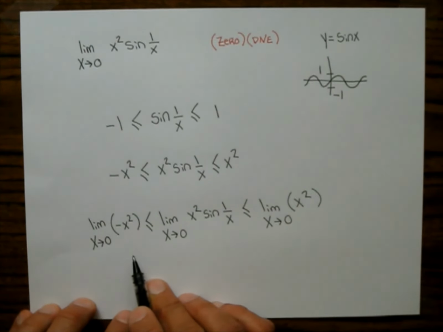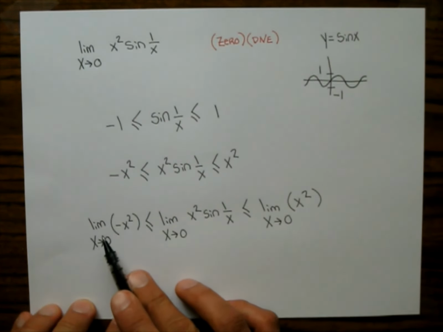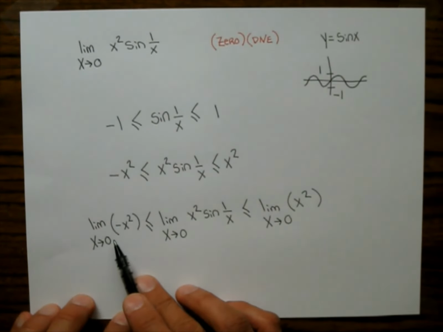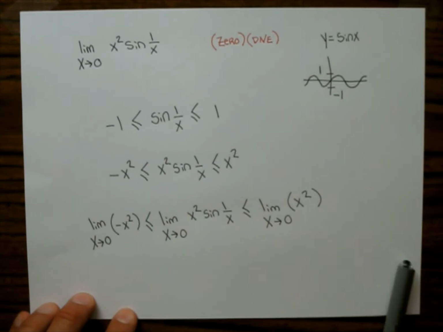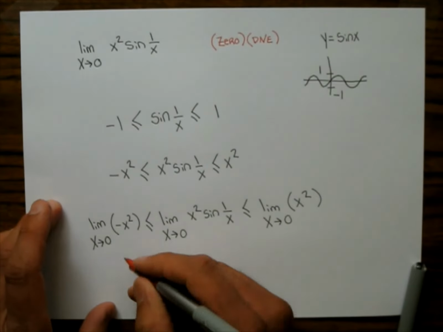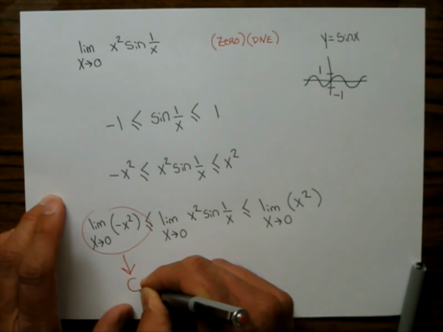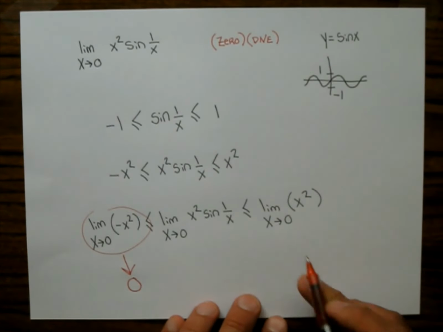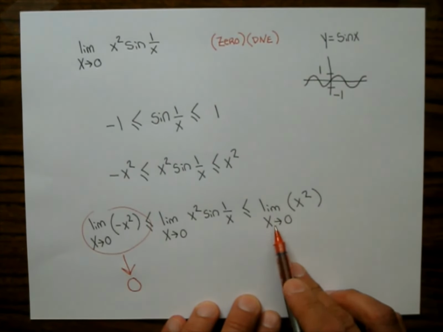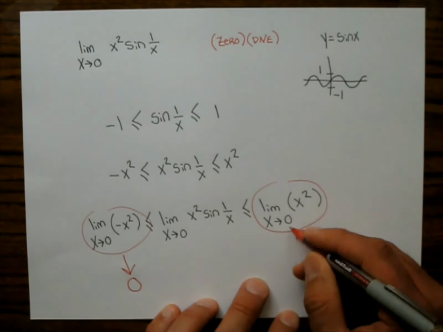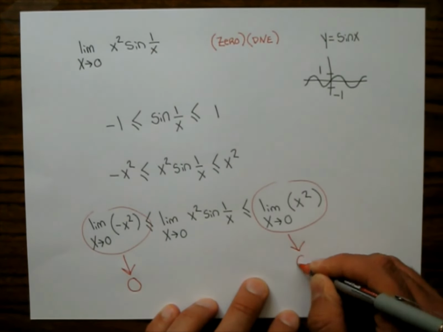So this is the whole part of the squeeze theorem. Do we know the limit of negative x squared as x approaches 0? We could just do a substitution and we end up getting 0 for this one. And the limit of x squared as x goes to 0, you go 0 squared, so this one goes to 0.